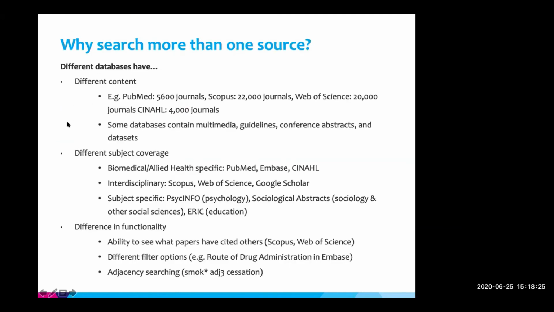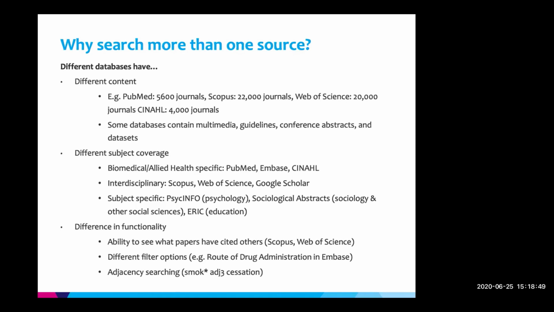So moving on. Why search more than one source? I think I've made it clear why it's so important based on content. There's a ton of overlap between these databases. For example, I would say the lion's share of PubMed is in Scopus and Web of Science and even technically Google Scholar. But there's also really, really different functionality.